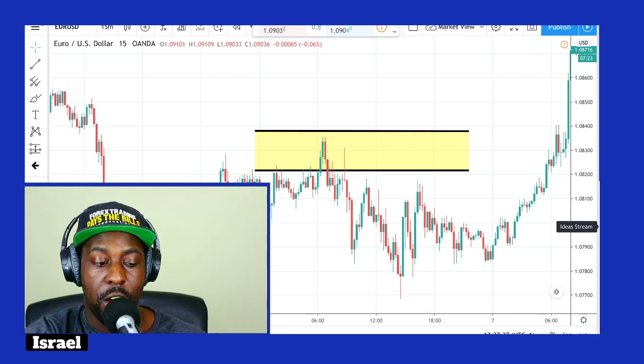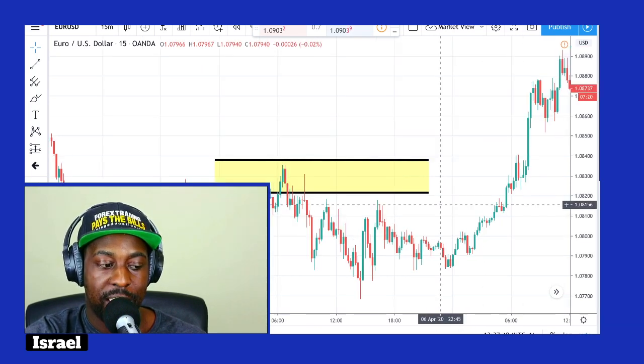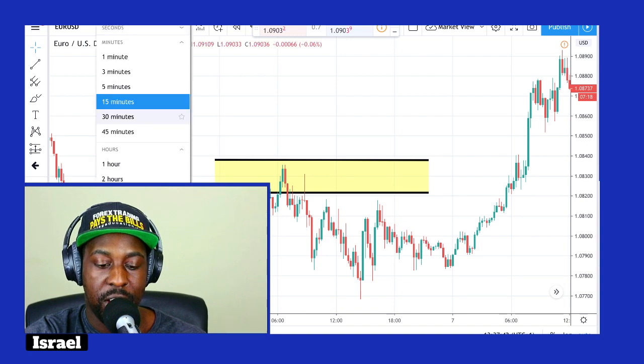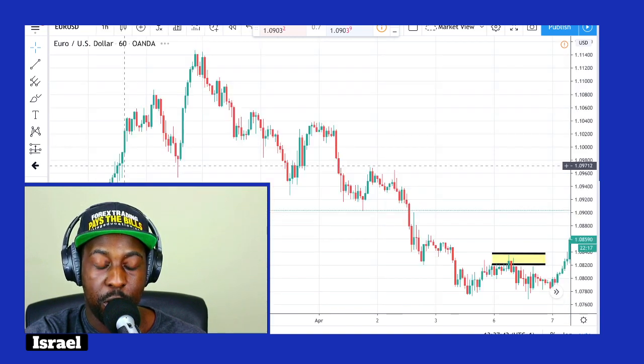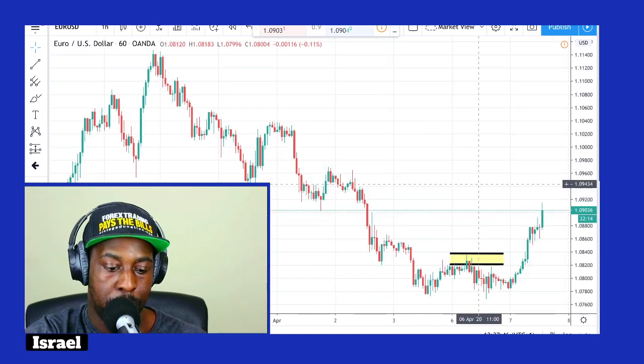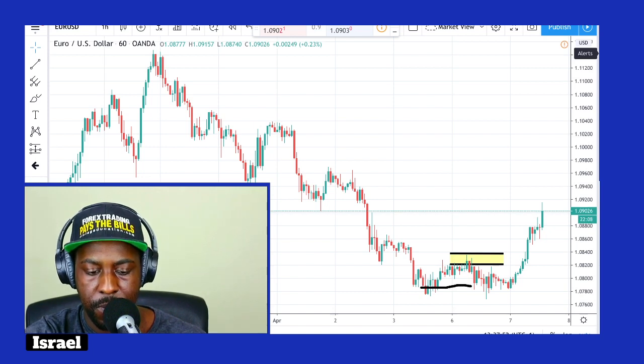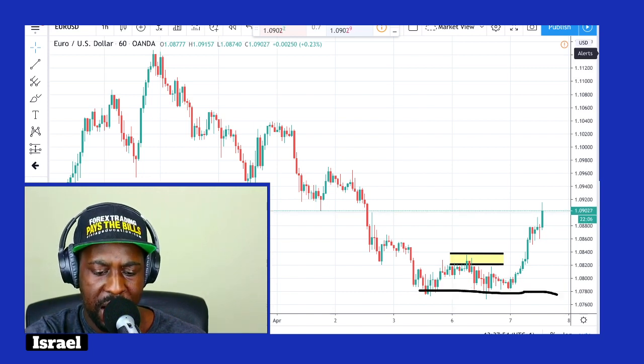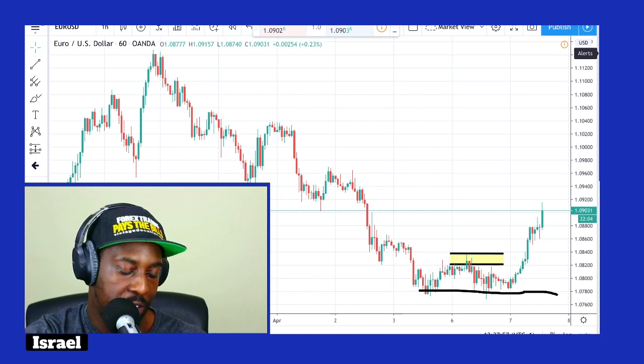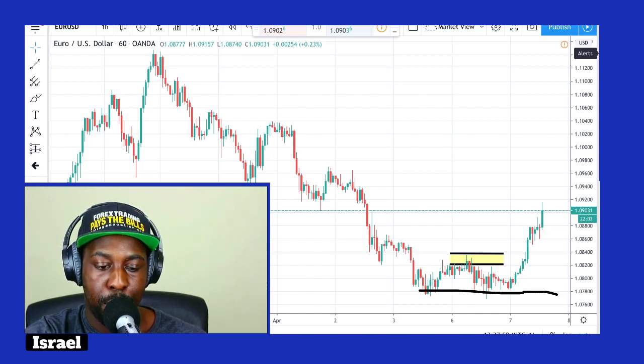But so far, let's go to a higher time frame to get a better context of what's actually happening. Price has been pushing back, so price has bottomed out right here, just below the 108 region, and price has pushed through.